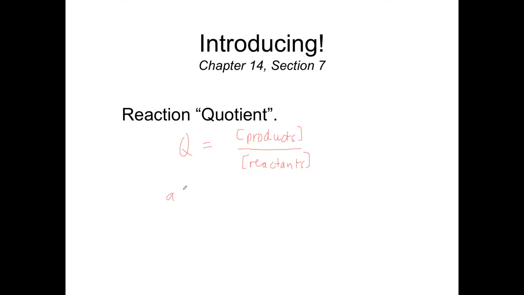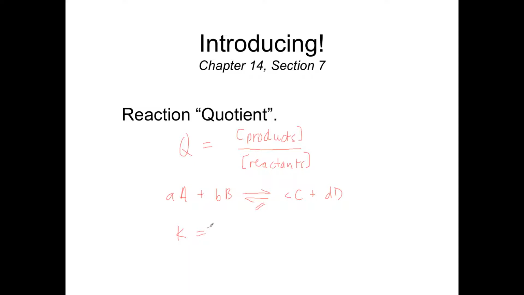The law of mass action says that if a moles of A plus b moles of B is in equilibrium with c moles of C plus d moles of D, did you hear what I said? It's equilibrium with.